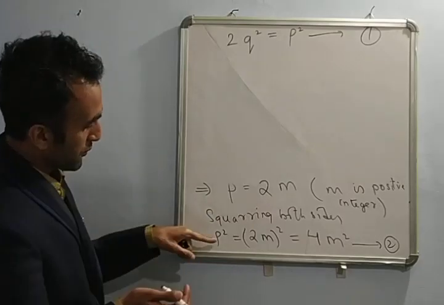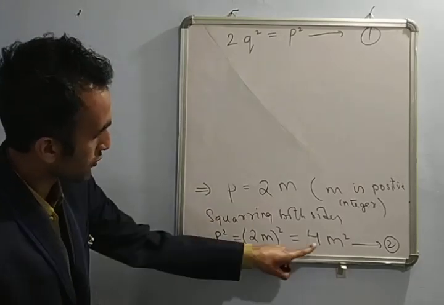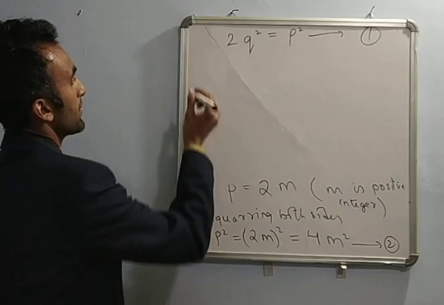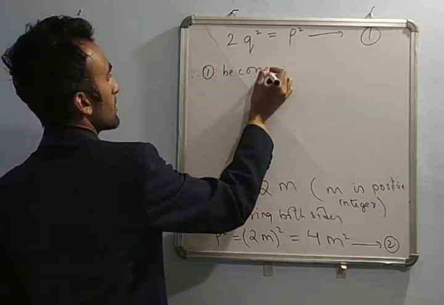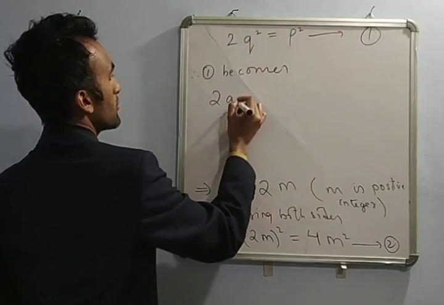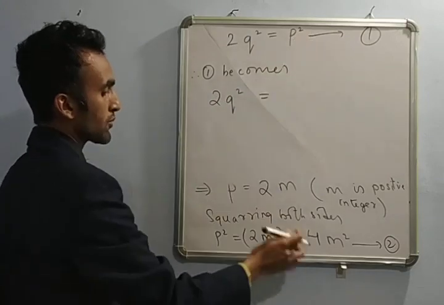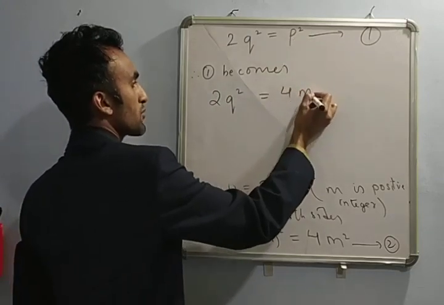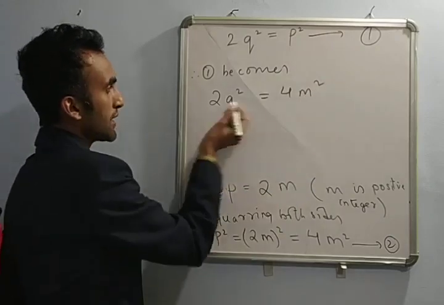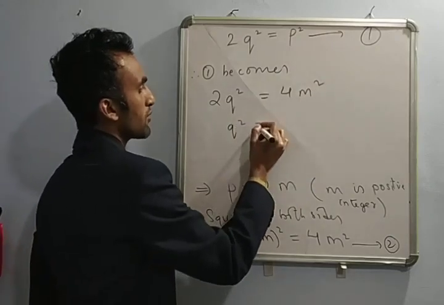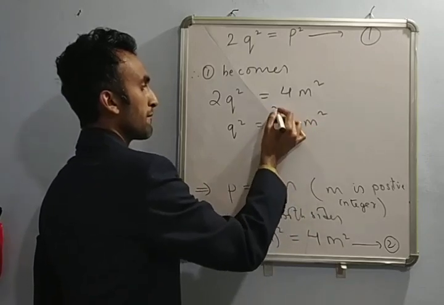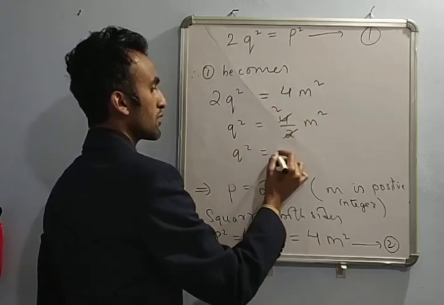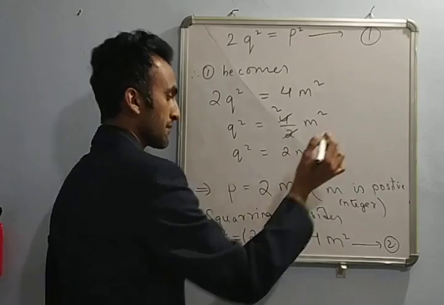Now I'll put p square equals 4m square here in equation number 1. Therefore 1 becomes 2q square equals, in place of p square I'll put 4m square. Now this 2 let it go down. Q square equals 4 by 2 m square. Now q square is equal to what? 2m square.